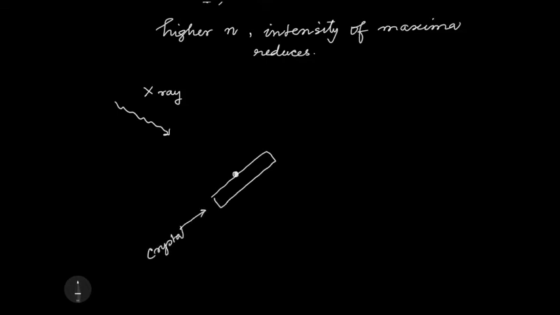Now, how can I use this to make a spectrometer? I do the following. I have my X-rays, so I said that we are making a spectrometer for X-rays. Coming this way, I have an arrangement where I have this crystal, and then I have a detector here.